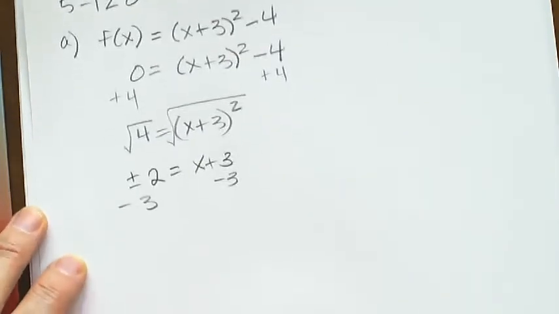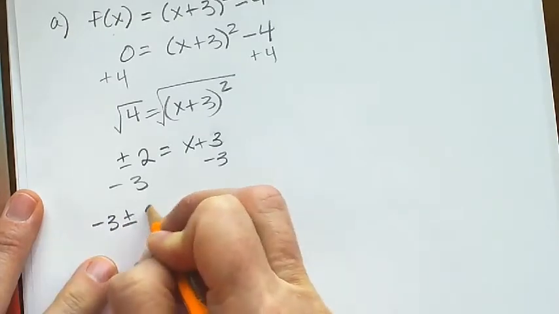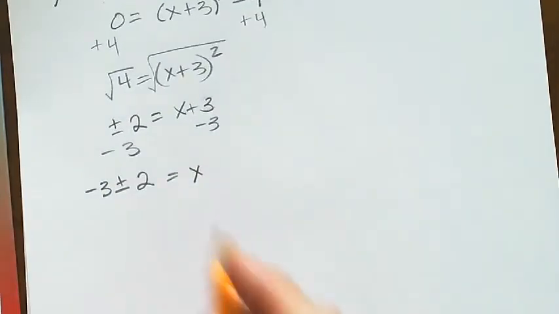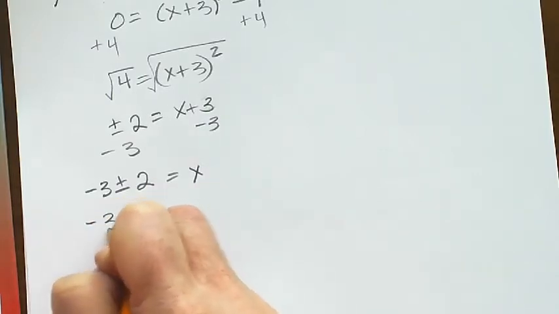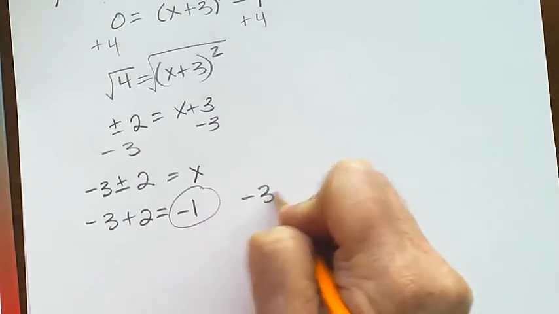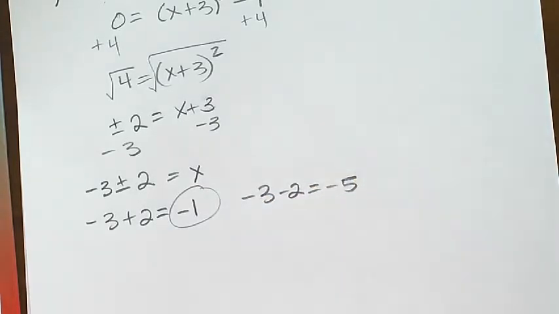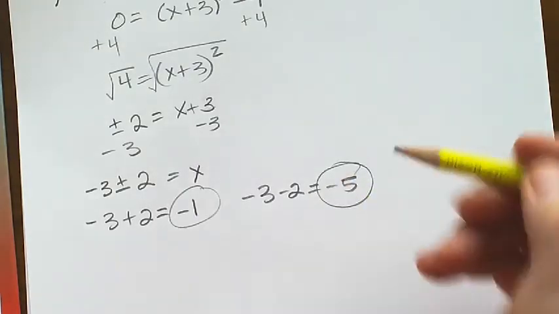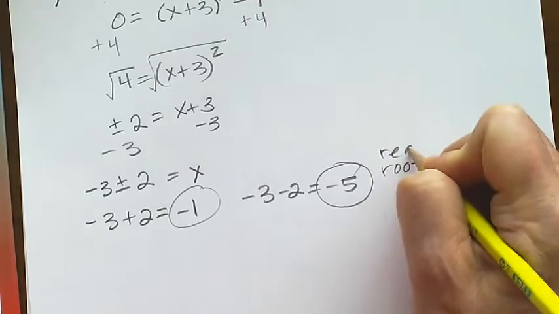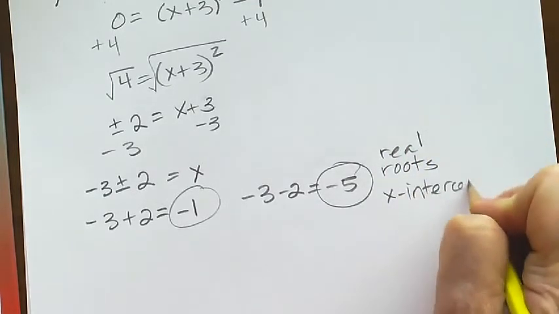This one could have been factored with an area model, because I'm seeing right now I'm getting integers for answers. So those two answers would be negative 3 plus 2, which is negative 1, and then negative 3 minus 2, which is negative 5. So those are my roots. They are real, and they're my x-intercepts.